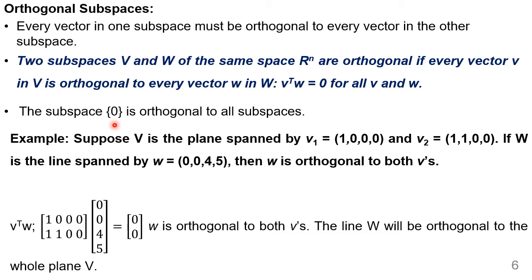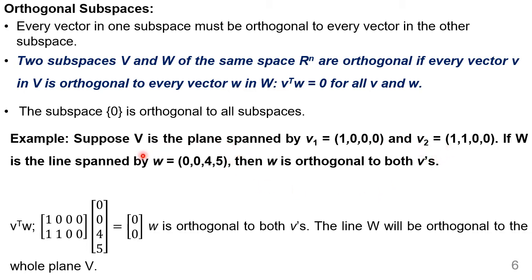Try to understand orthogonal subspaces by solving one problem. Let us take V as a plane spanned by the two vectors v1 equal to 1, 0, 0, 0 in 4-dimensional space, and v2 equal to 1, 1, 0, 0.